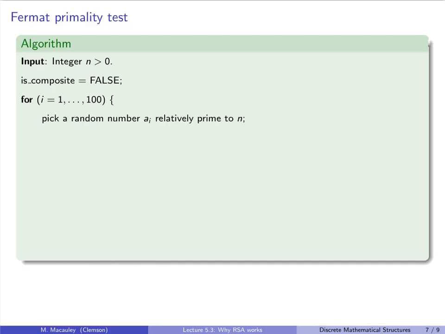We pick a random number a_i relatively prime to n. And if a_i to the n minus 1 is not equivalent to 1 mod n, in other words, if a_i is a Fermat witness, we set the is composite flag to true, and we end this loop.